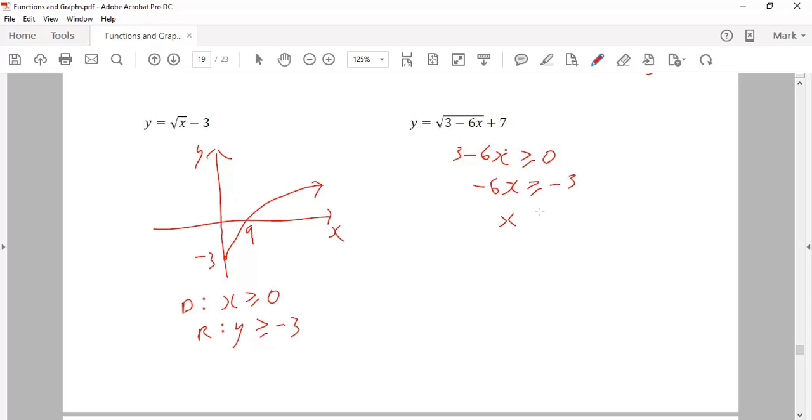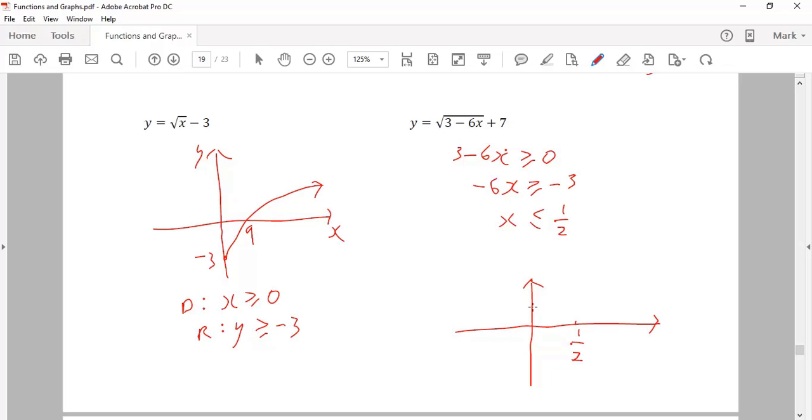So the x is going to be 3 over 6, so that's going to be a half. So we know it's going to start at a half, and we know it's going to go that way.